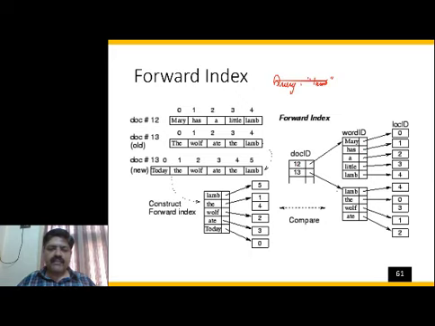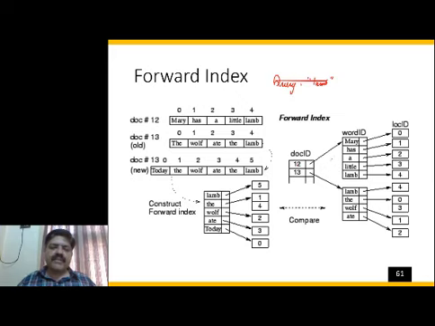This is an example of a forward index with positional information. So in this case, let's say the query is little lamb, then I go to each document and look for little first and then see if the immediate next word is lamb. I can do this using the positional information or some pointers going from one to the other.